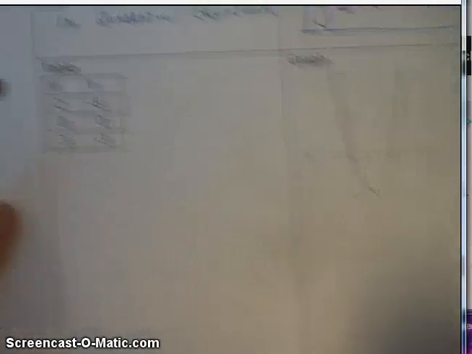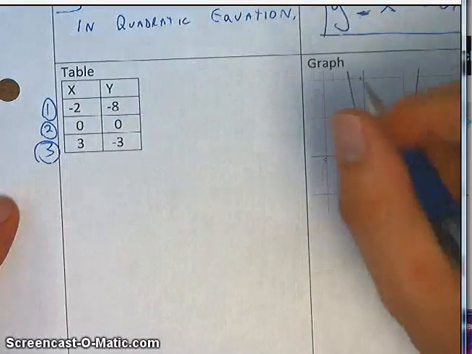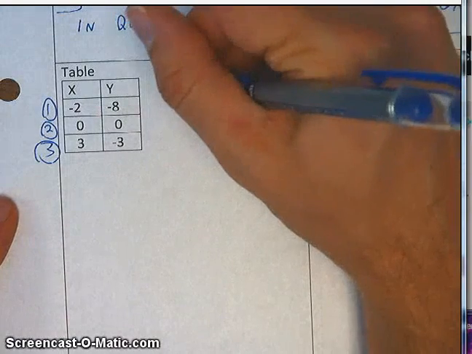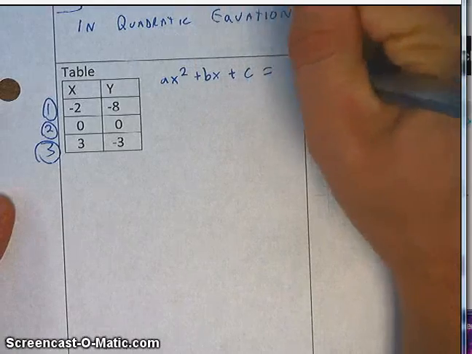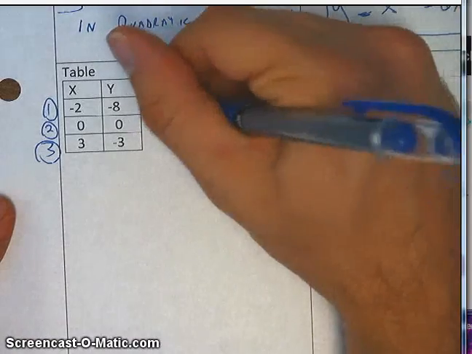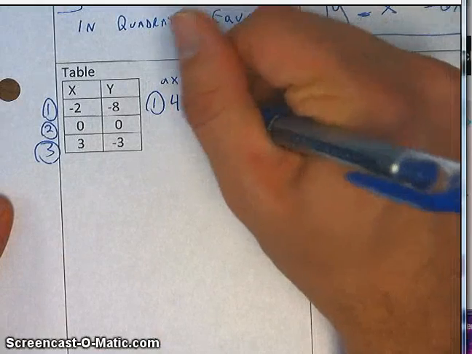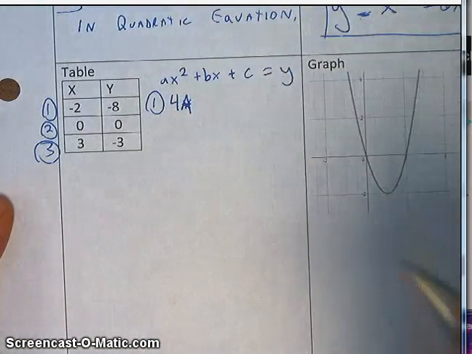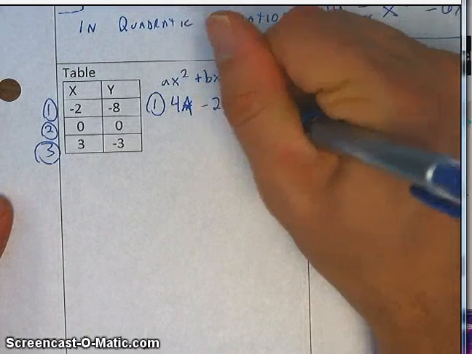Here's another table of data, and so this time I've got a 1, a 2, a 3. Let's write it, and I like to start with ax squared plus bx plus c equals y. So equation 1, negative 2 squared is just 4a. Negative 2, when you plug it in there, is going to be negative 2b.